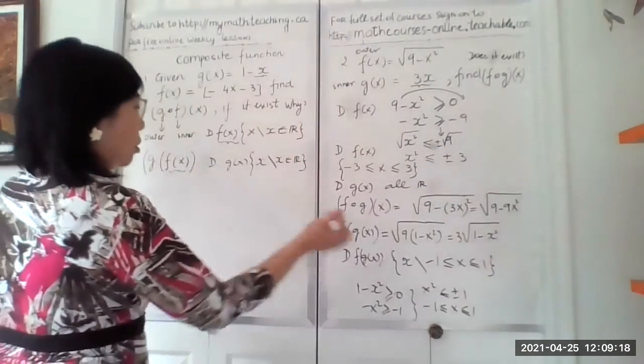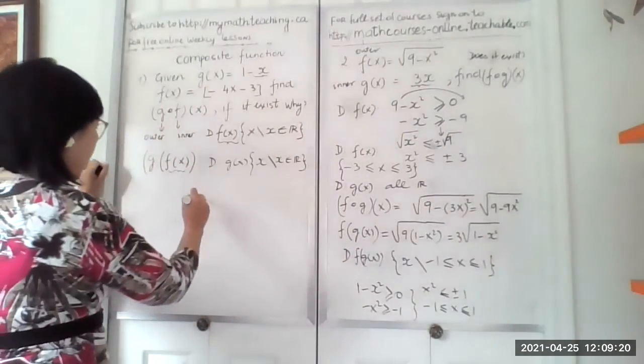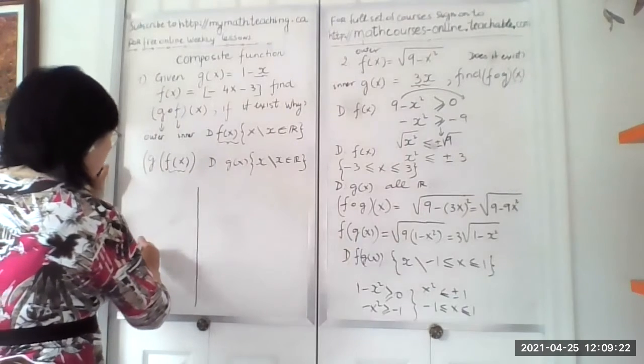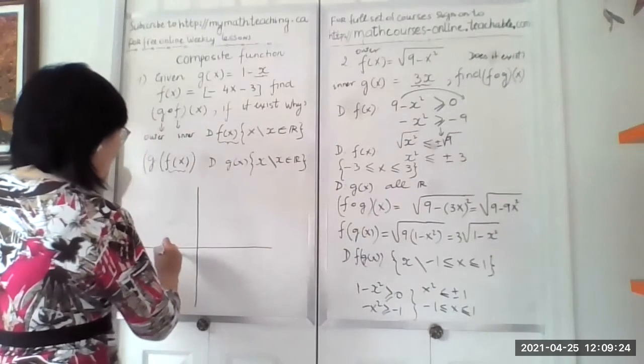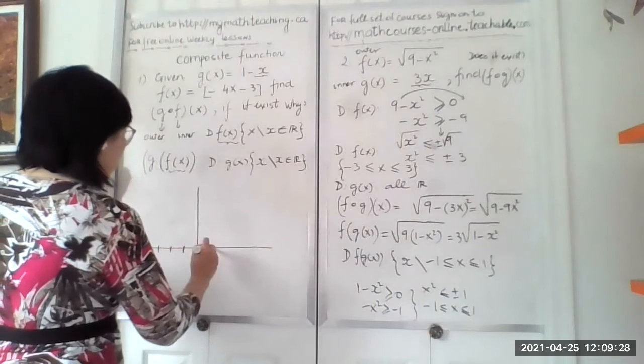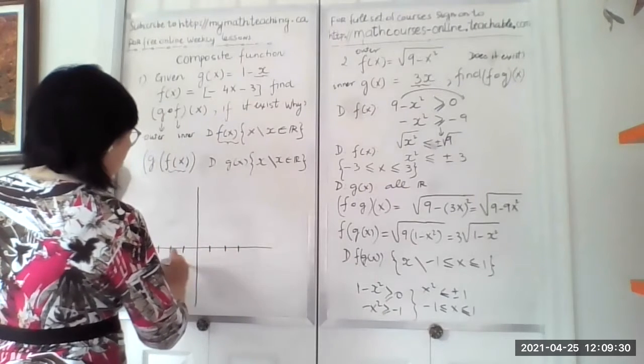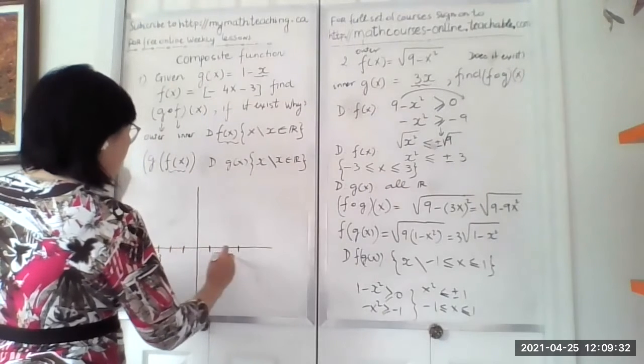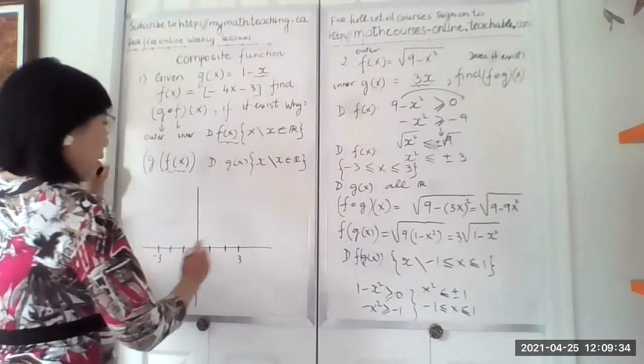Okay, so if we draw this picture so that we can see it more visualized. Let's say this is minus 1, minus 2, minus 3, and 1, 2, 3. So this is minus 3 and this is 3.